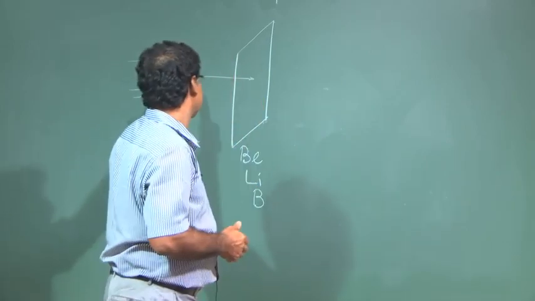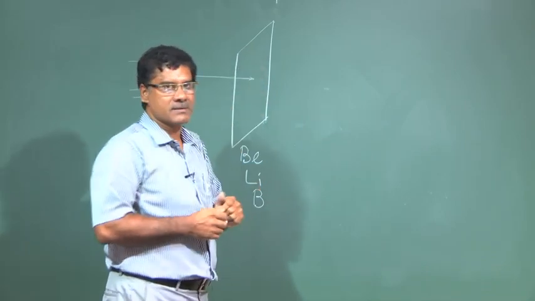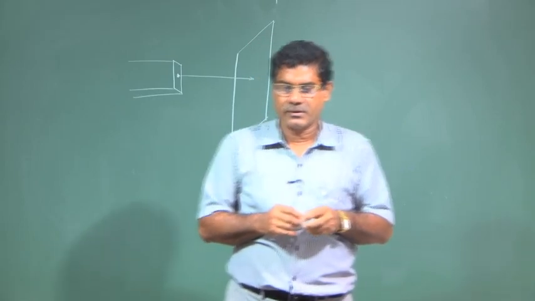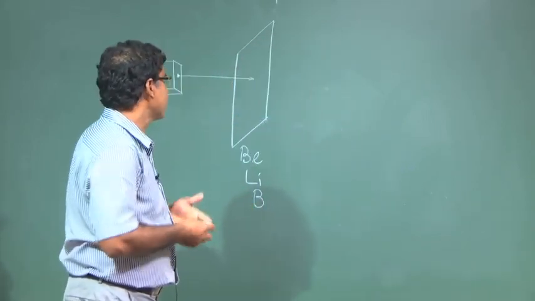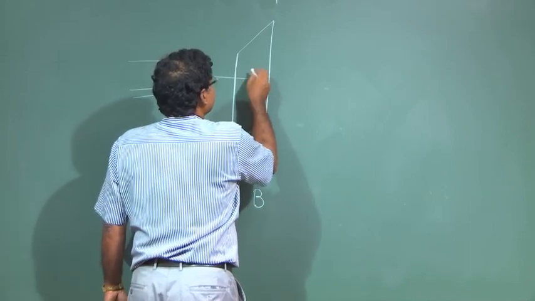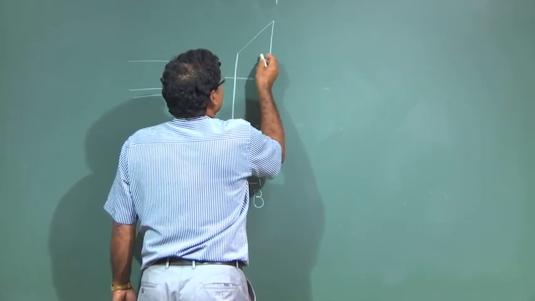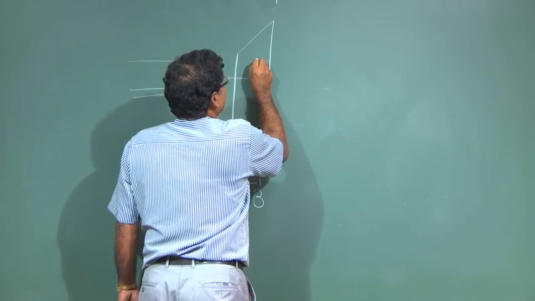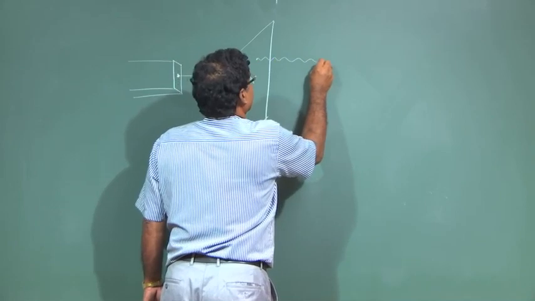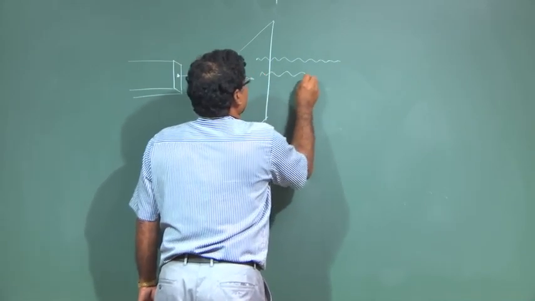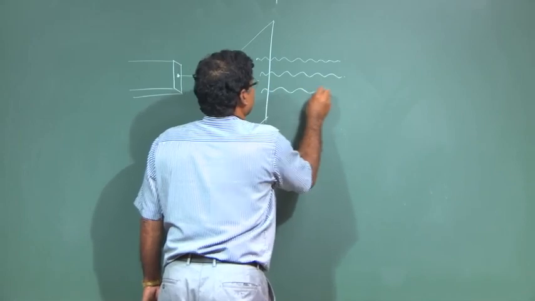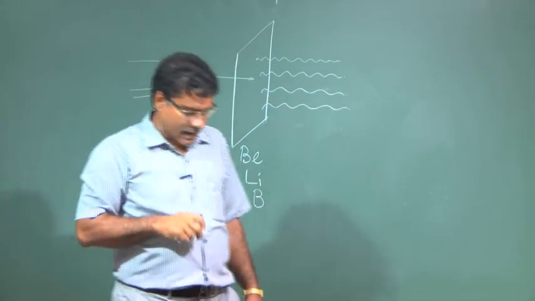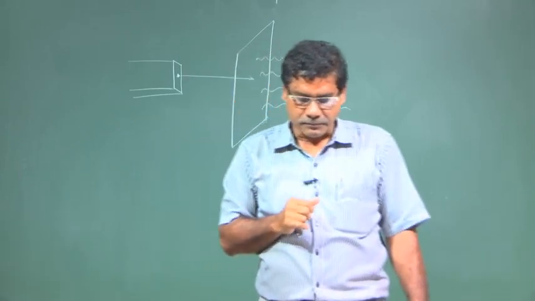When alpha particles bombarded these foils, Bothe and Becker found that an electrically neutral radiation is emitted from the foil.